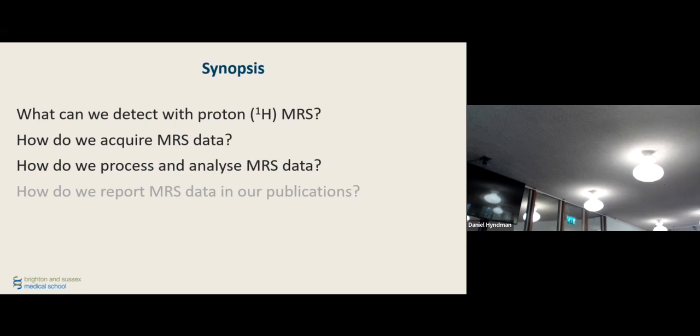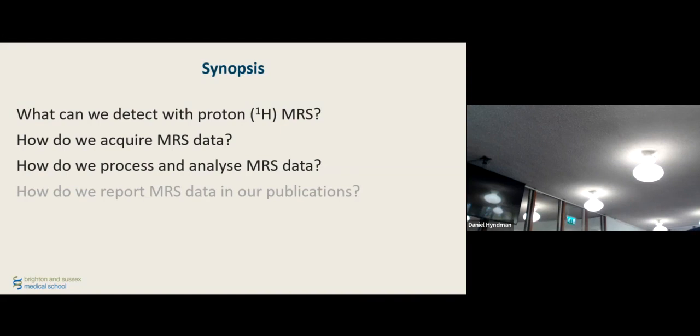We'll see that there are a couple of classes of MRS sequences, and I will focus on one class, but I will leave the option for developing the topic a little bit more in a further presentation. And most importantly for you, I think, is how do we process and analyze MRS data, with some considerations and caveats that I think are important to take into consideration when you look at your spectroscopy data.